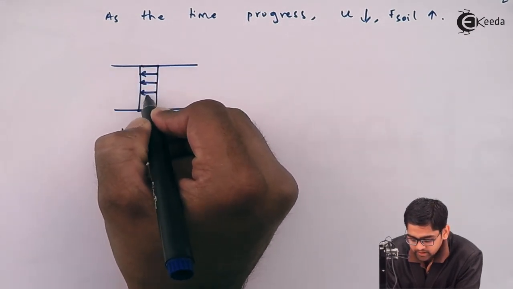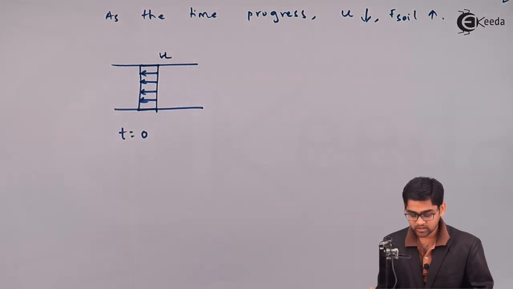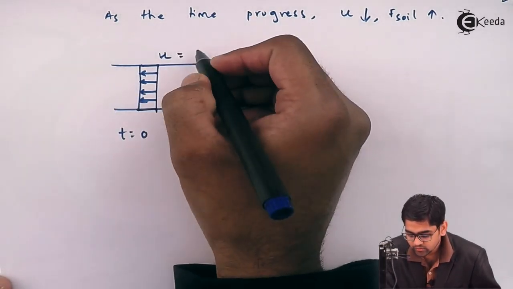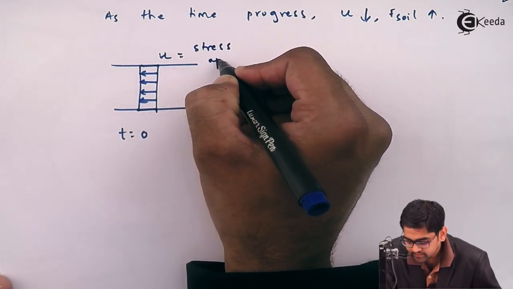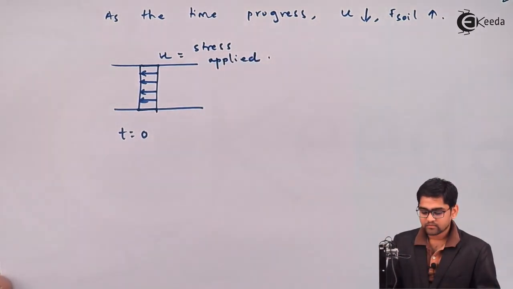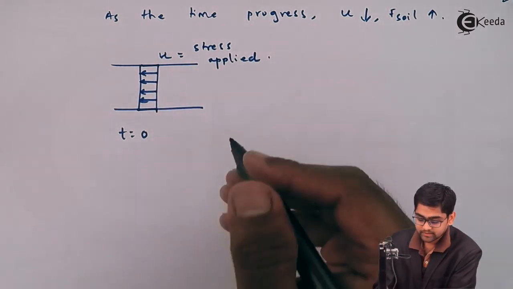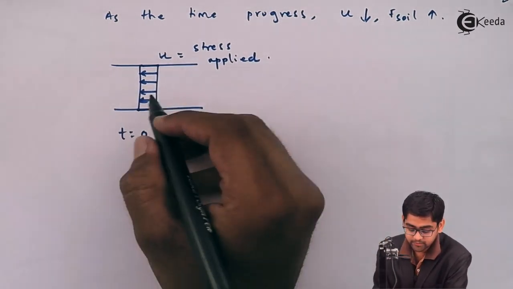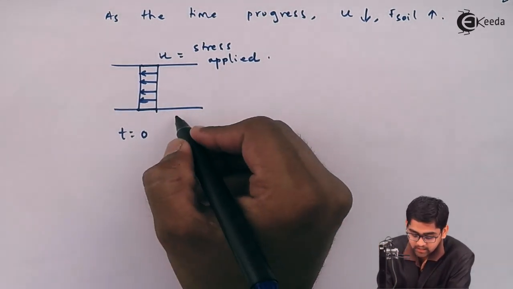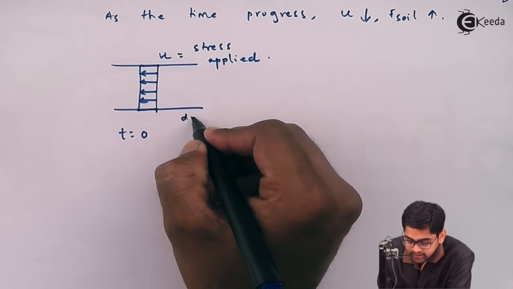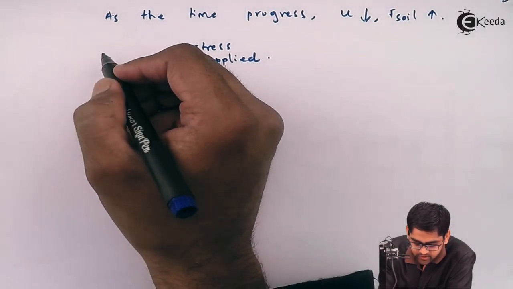So this is the pore water pressure diagram at the initial stage. This is u. All the stresses will be carried by water, and that u is nothing but the applied stress, because the application of stress causes the pore water pressure to increase. This is the pore water pressure diagram at time t equal to 0, provided that this is the drainage layer. This is also a drainage phase, and this is also a drainage phase.